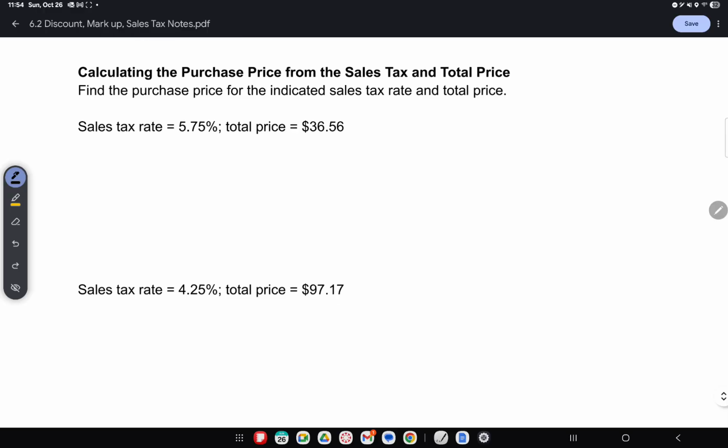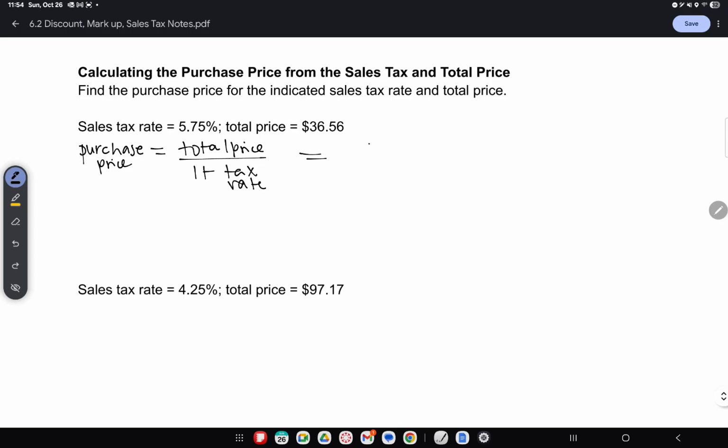All right, we have the sales tax rate this time and the total price, so we want to find the retail price. We can find the purchase price by doing the total price over 1 plus that tax rate as a decimal.